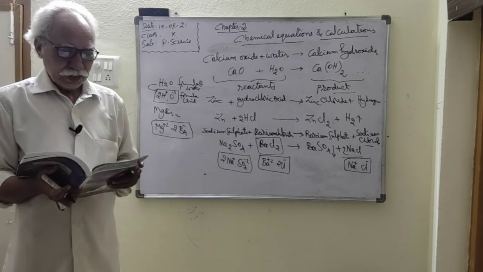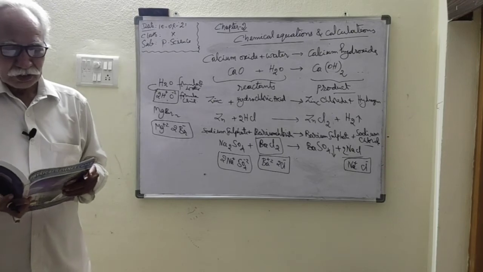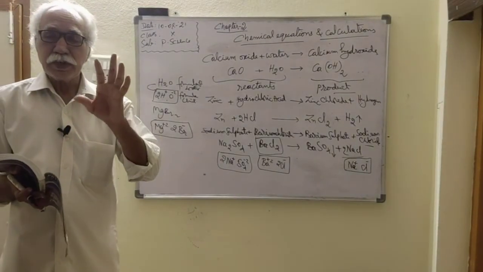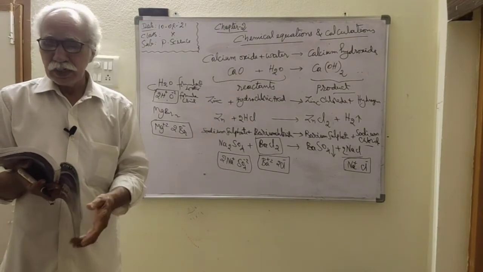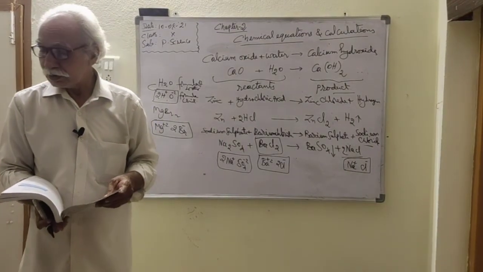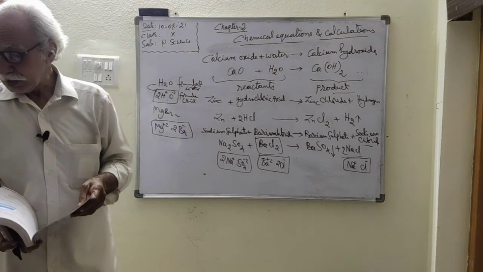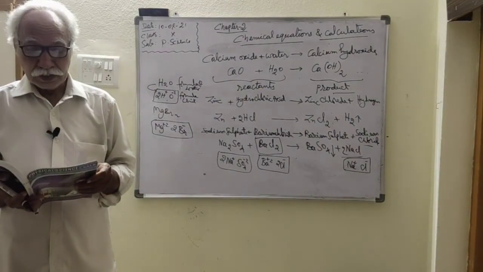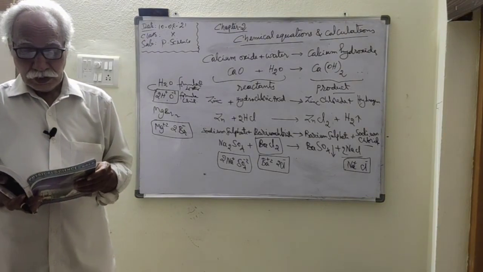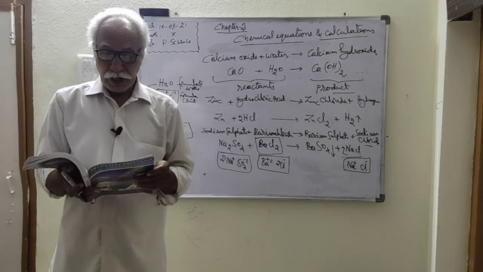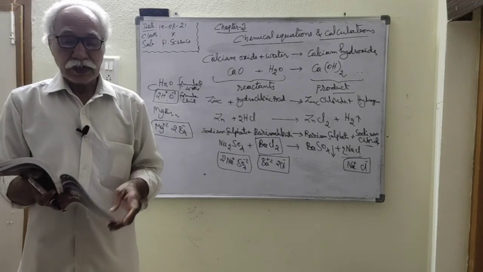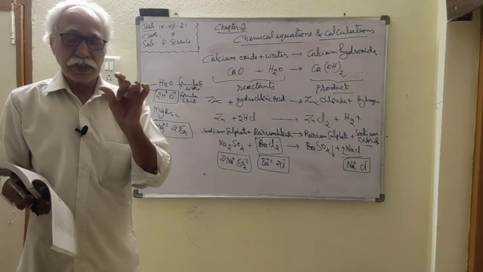Now take the method of balancing a chemical equation. When we are balancing the chemical equation, we should follow a certain method. So what is that method? Let us see. Step 1: write the equation with the correct chemical formula for each reactant and product.